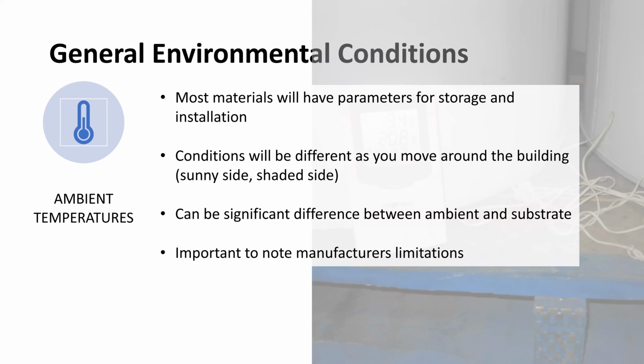So for instance, if we take a fluid applied membrane, it's going to come in a bucket. Depending on what's in it, say it's a water-based system or maybe a solvent-based system, those systems are going to have some limitations in regards to how cold they can be. And typically, if you have a solvent-based system, it's able to go a little bit lower than what you could do with a water-based system.